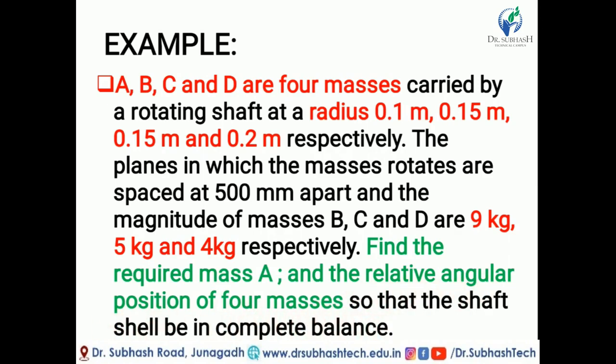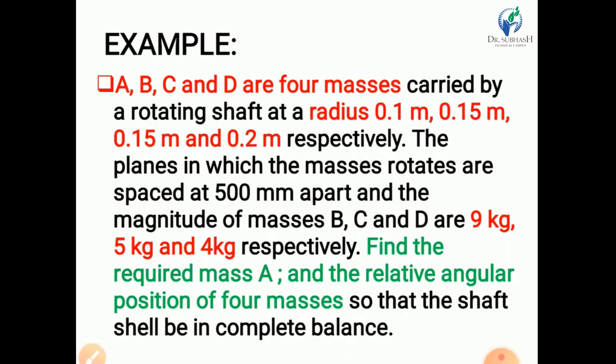So, my dear friends, in this problem four masses are rotating in four different planes, and out of these four masses the magnitude of mass A is unknown, mass B is 9 kg, mass C is 5 kg, and mass D is 4 kg. The radius of rotation is also given: 0.1 meter for mass A, 0.15 meter for mass B, 0.15 meter for mass C, and 0.2 meter for mass D. That means the radii of rotation for all masses are given.